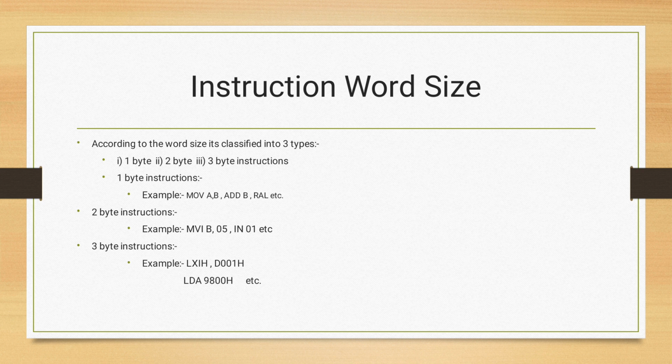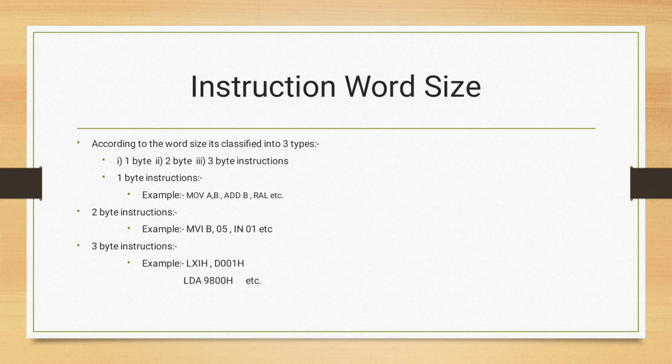For this instruction MVI B holds the opcode 06, and 05 is the data, which always represents a hexadecimal value. So in a 2 byte instruction the first byte is the opcode and the second byte is either data or address. For MVI B 05, the first byte represents the opcode for MVI B which is 06, and the second byte 05 represents the data.